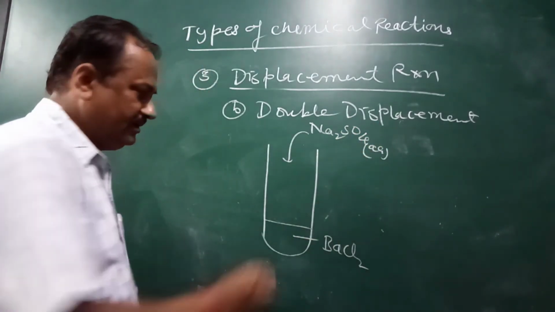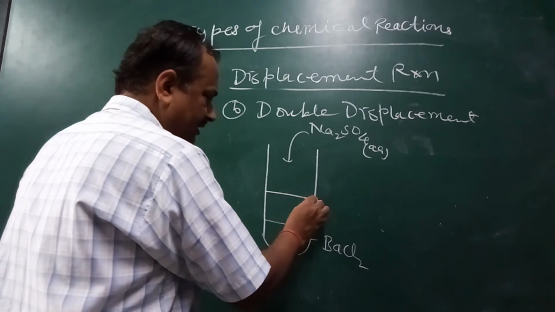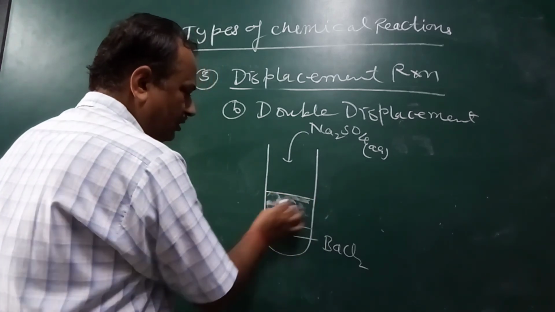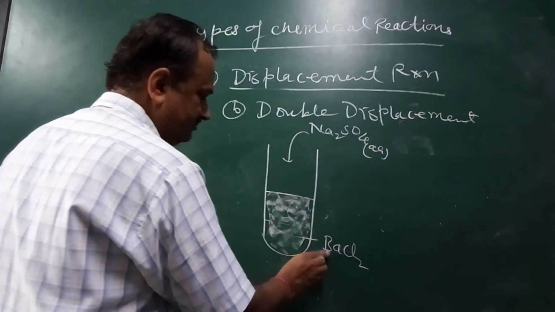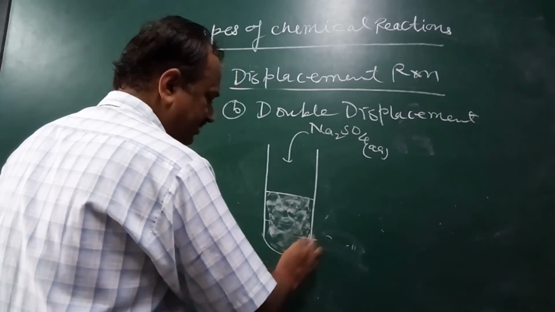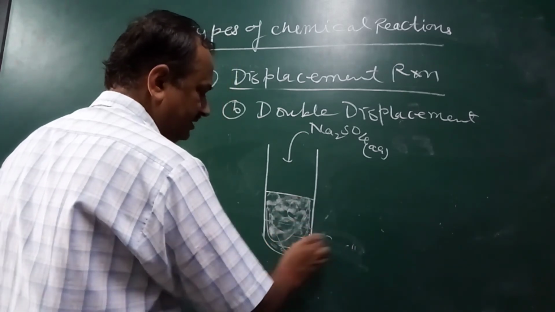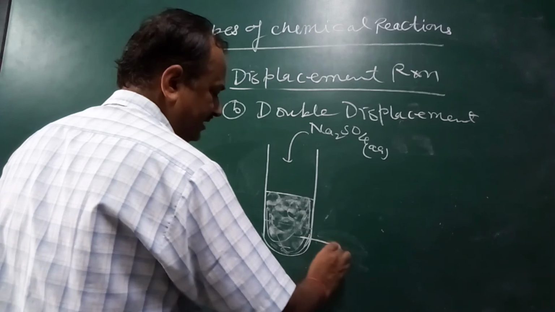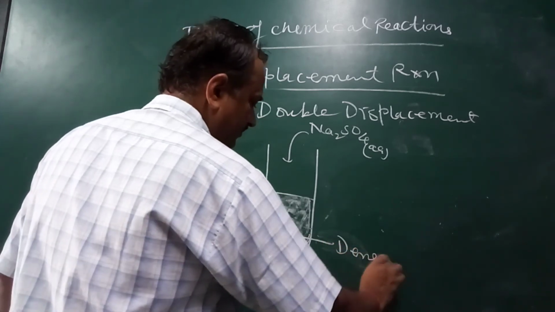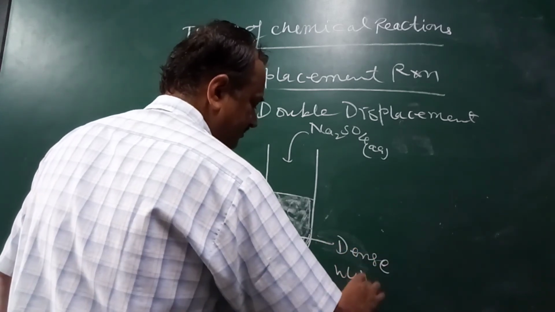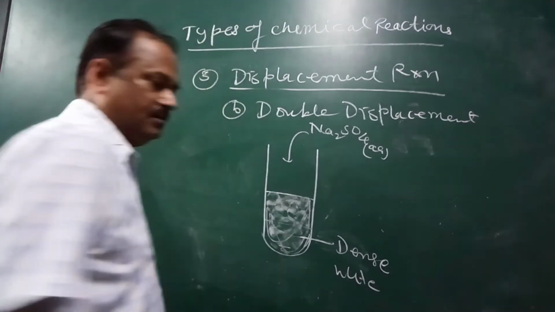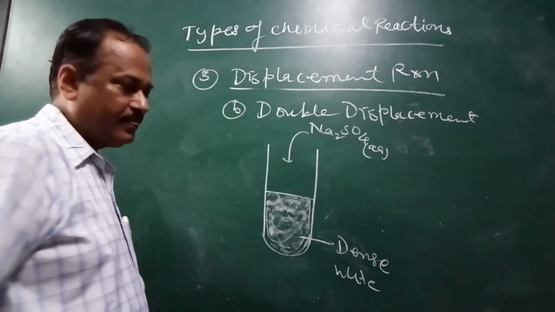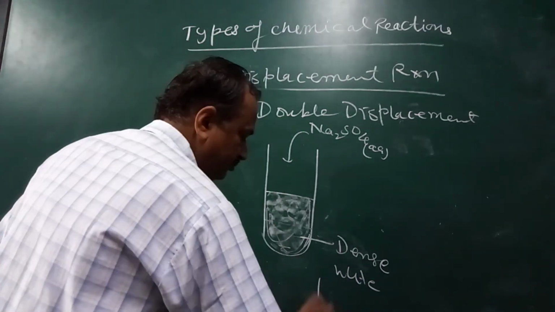As we mix, the solution turns white. It becomes dense white. It is a dense white precipitate.